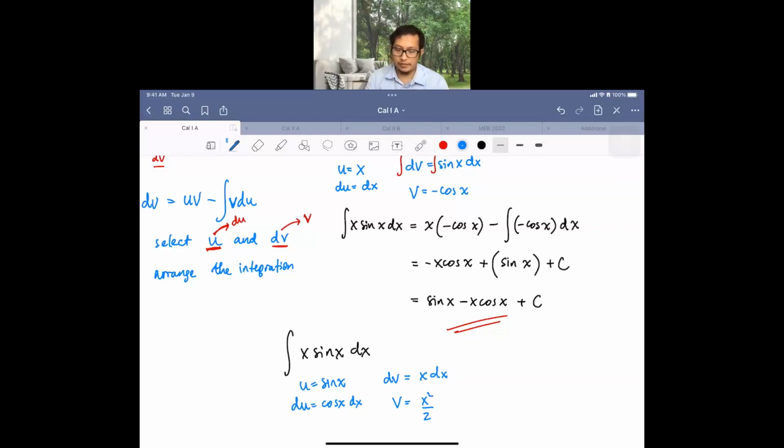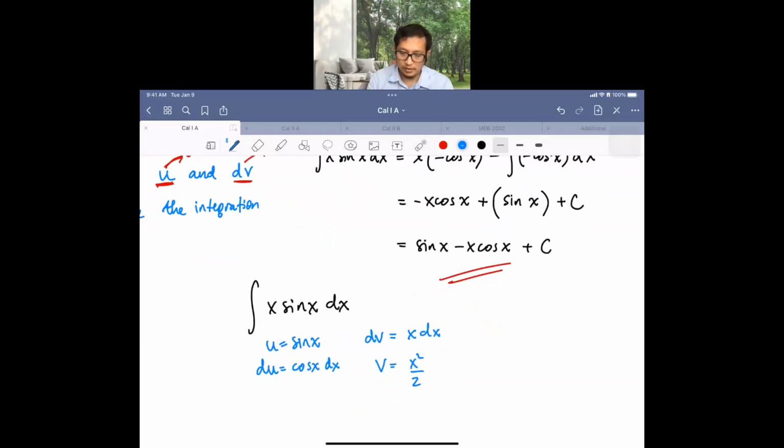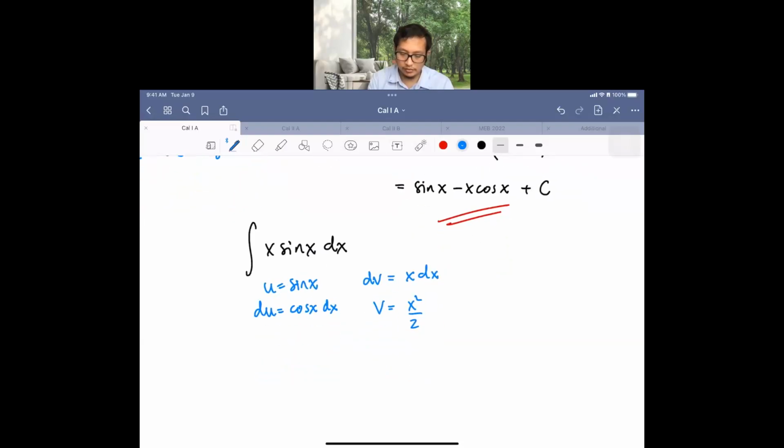So if you have this, then you can write down that the integral of x sine x dx is uv, x squared over 2 sine x, and then minus the integral of x squared over 2, which is v, times du, cos x dx.